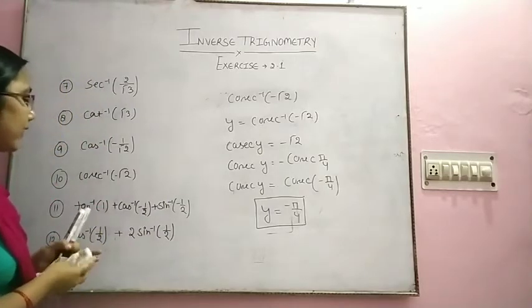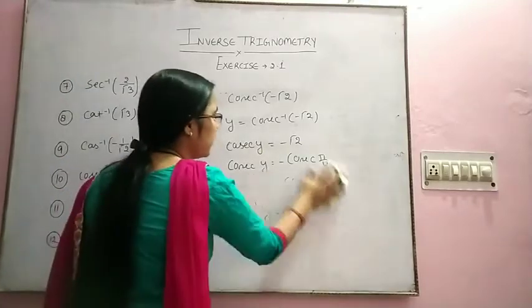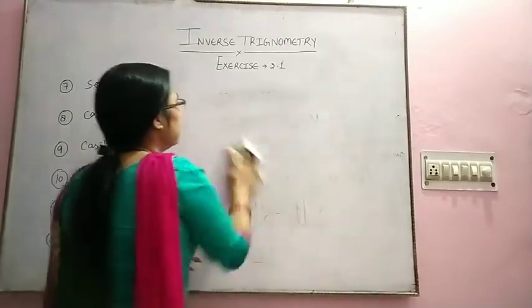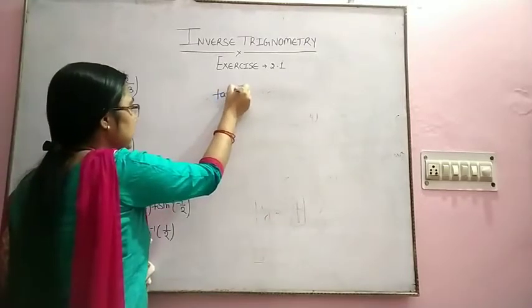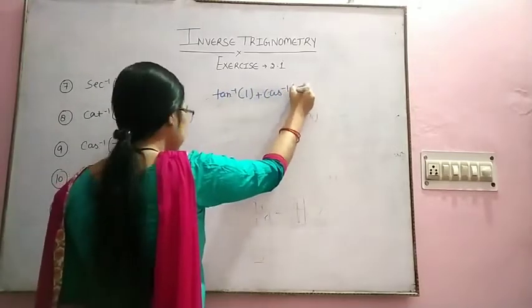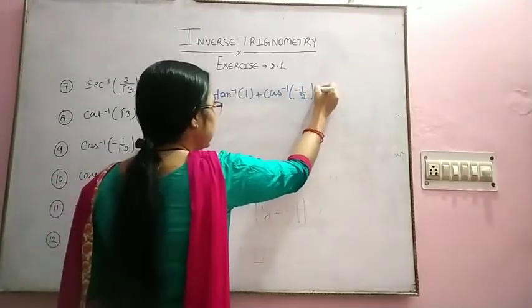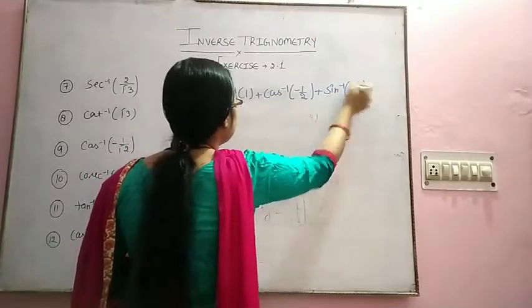Then the next question, find the value of the following. First is tan inverse 1 plus cos inverse minus half plus sin inverse minus half.